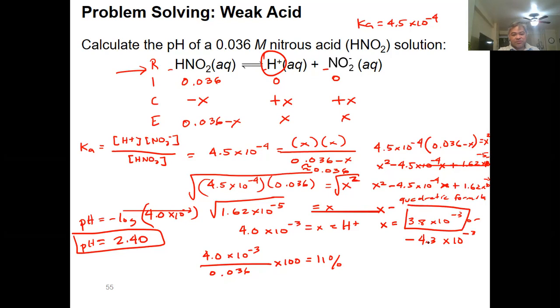I think this is more practical because there's no such thing as a negative value for a concentration. Does make sense?